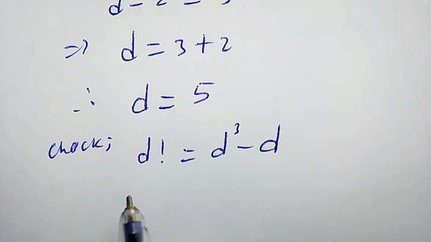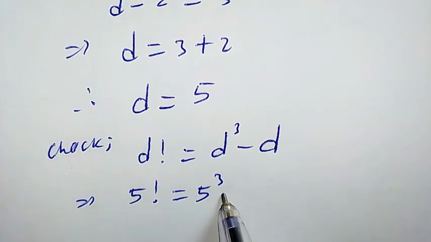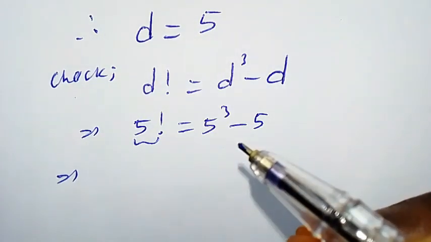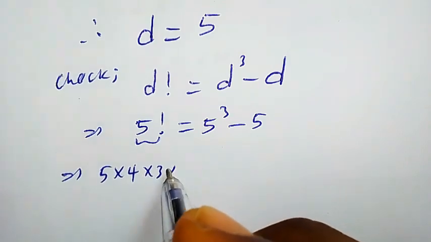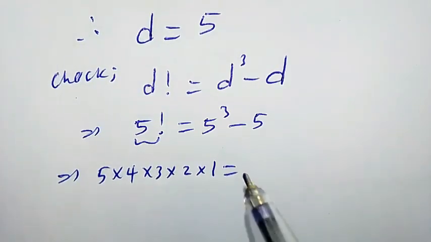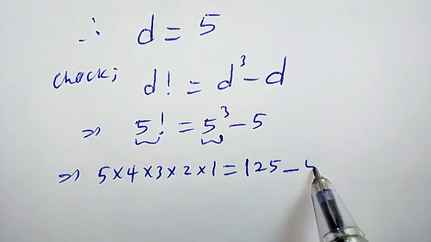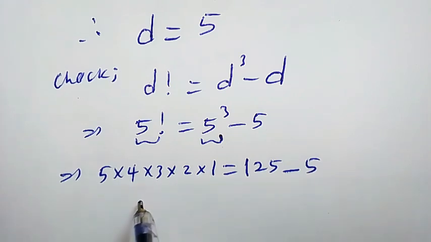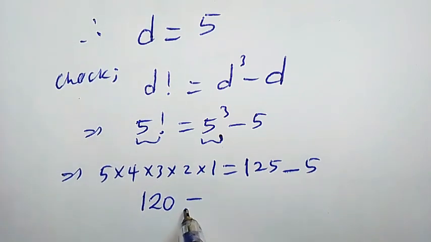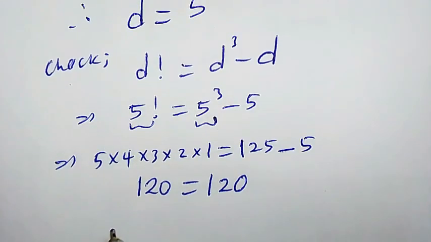So this implies that 5 factorial is equal to 5 to the power of 3 minus 5. 5 factorial can also be written as 5 times 4 times 3 times 2 times 1 equal to 5 to the power of 3, that is 125, minus 5. 5 times 4 times 3 times 2 times 1 is simply 120, equal to 125 minus 5, that is 120. This indicates that the left hand side is equal to the right hand side.